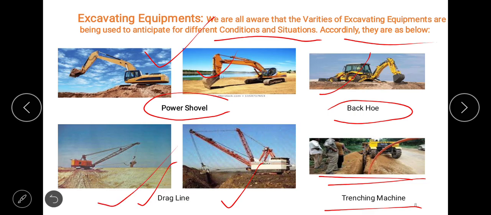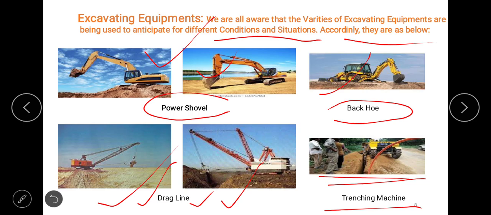Drag line. Whenever you are removing the material from drainage gutters, it is not possible to use other excavating equipments except drag lines. In construction, suppose you are excavating the earth wherein you are aware that it is a waterlogged area, and muddy soil is to be removed.